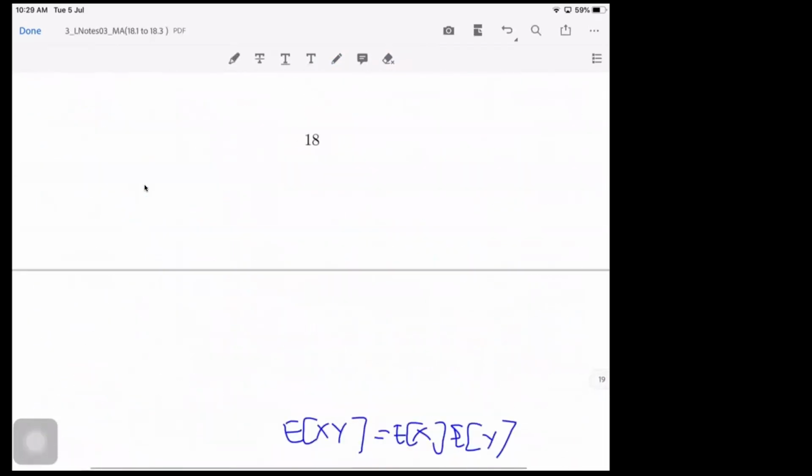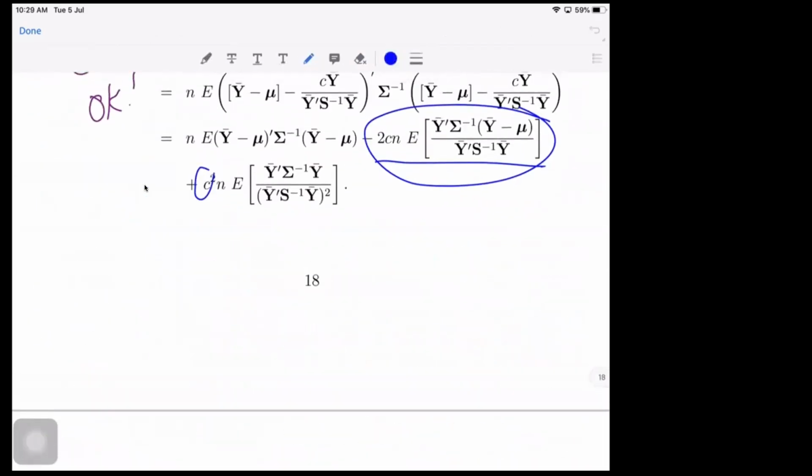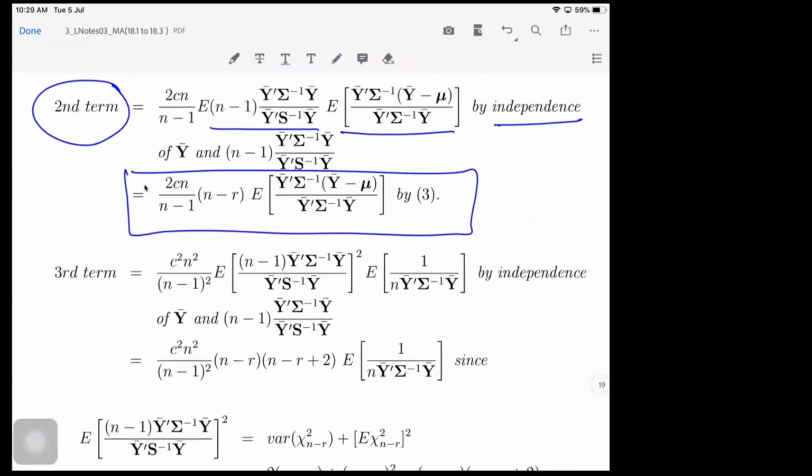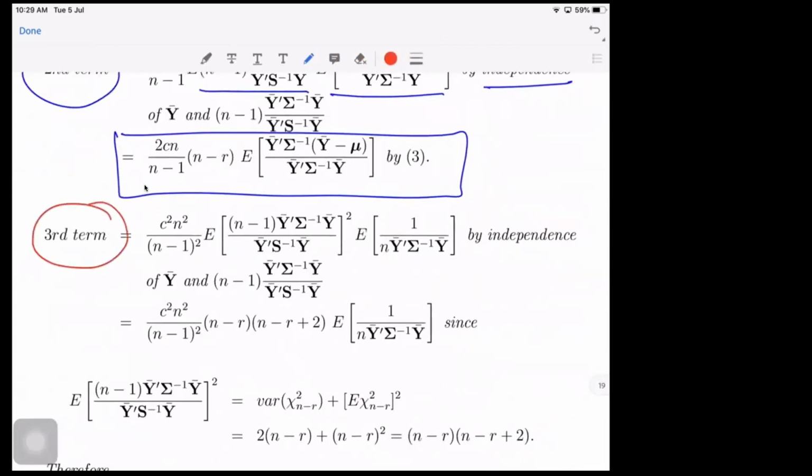And then look at the third term, which is this one. Simplify. Again, use independence of Y bar and sigma. Use the property of that, and the third term will be simplified as that. Okay?